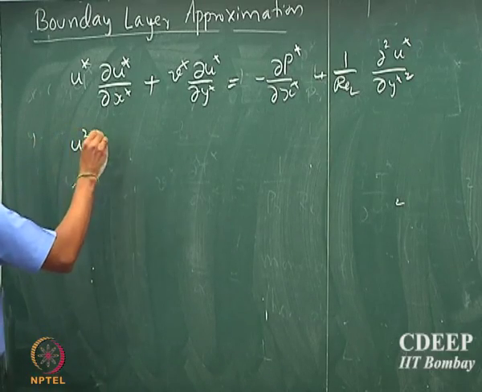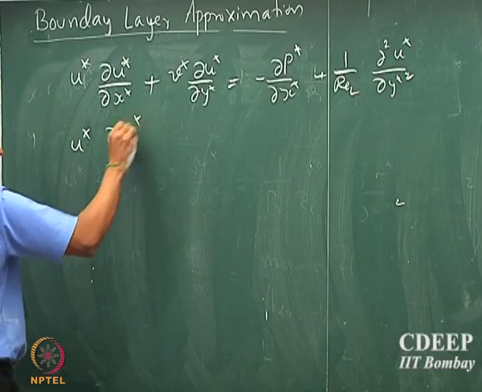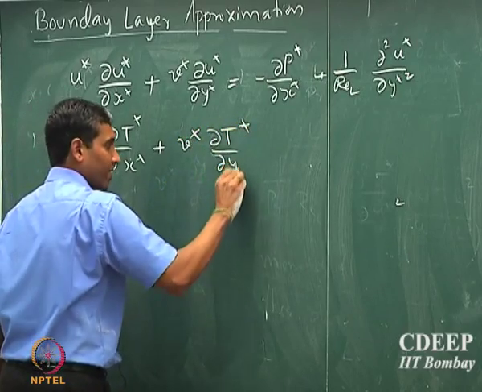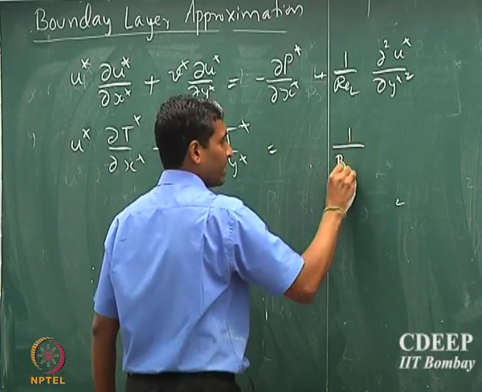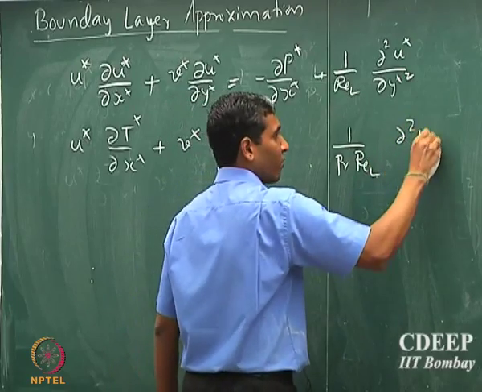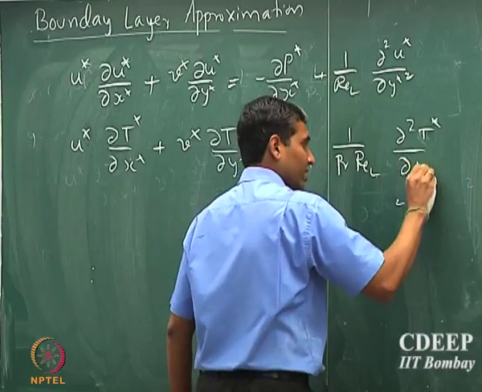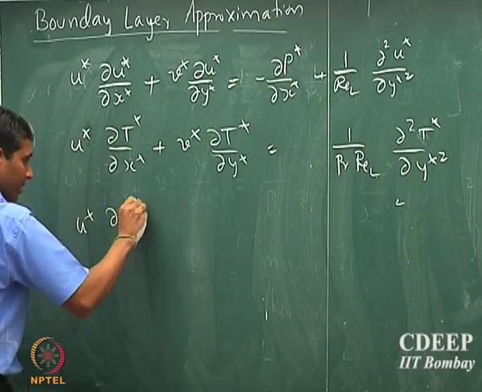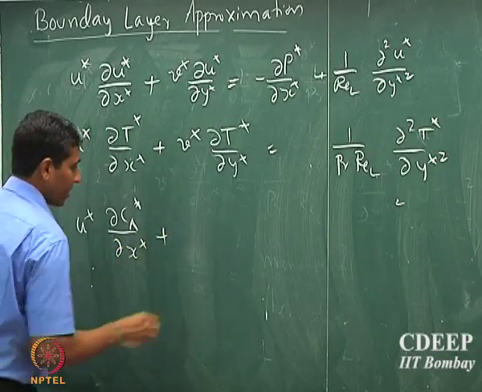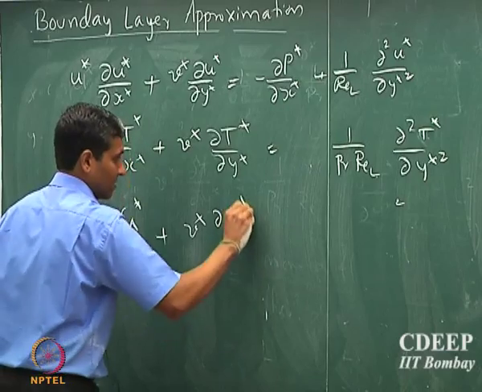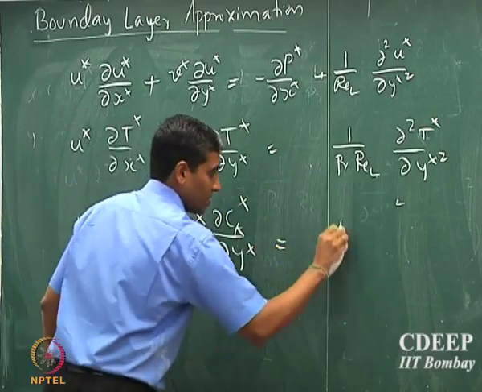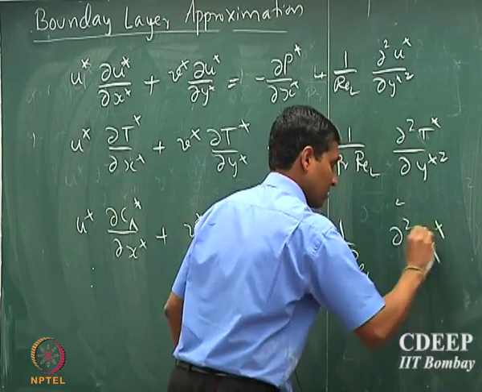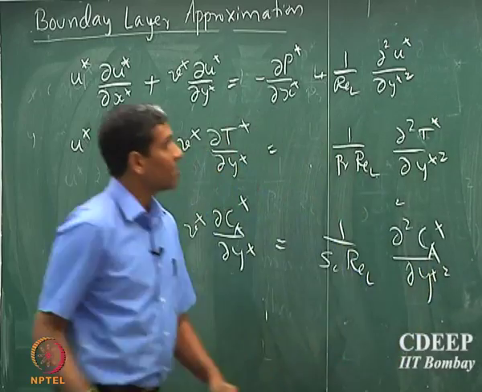And the energy balance is u star dT star by dx star plus v star dT star by dy star, that's equal to 1 by Prandtl Reynolds number d square T star by dy star square, and you have u star dCA star by dx star plus v star dCA star by dy star, equal to the second derivative of CA star by dy star square. Okay.